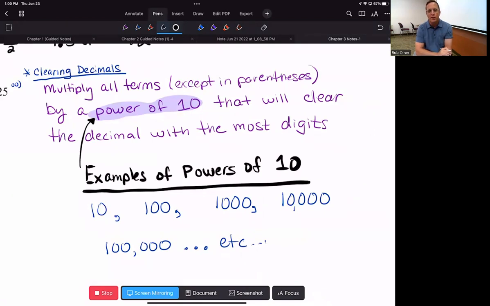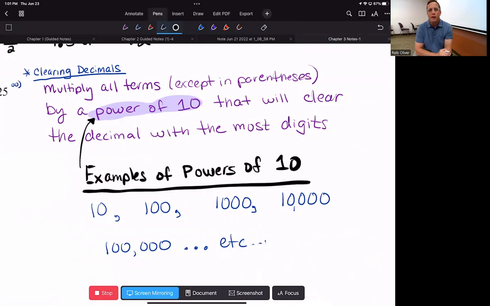Powers of 10 are 10, 100, 1,000, 10,000. 50 is not a power of 10. That's a multiple of 10. That's not the same thing. So 10, 100, 1,000, 10,000, 100,000, a million, 10 million, 100 million. It's a 1 followed by zeros. So multiply all the terms except what's inside parentheses by the power of 10.